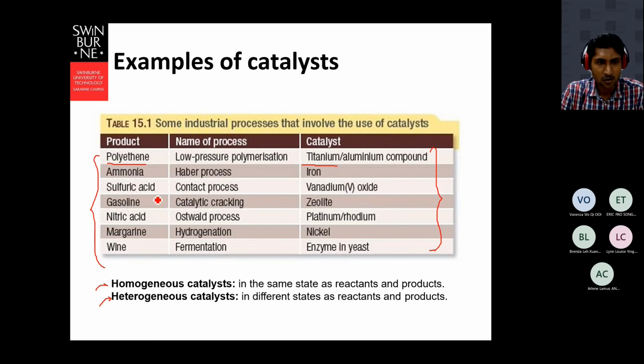So it is not homogeneous because it is not the same as the product or the reactant. Same goes for ammonia. We are adding nitrogen and hydrogen to produce ammonia, but we are using iron. Iron is solid, but ammonia, nitrogen and hydrogen are gases. So it is not the same phase as the reactant and product. So this is a heterogeneous catalyst.